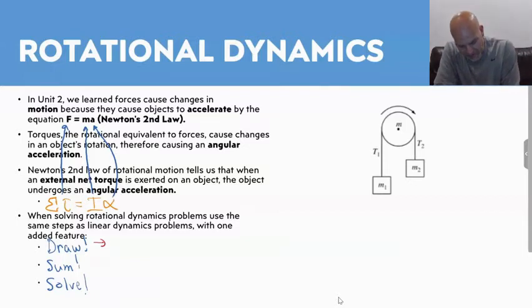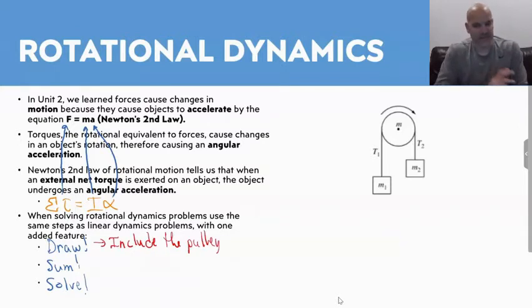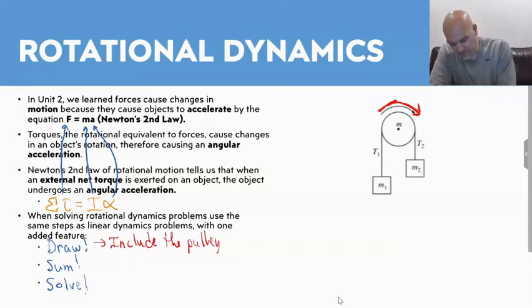So in these problems, you are going to now have to probably include the pulley. So you can see I've got a little diagram here of an Atwood machine. This indicates that we have rotation, so this would be a rotational dynamics problem. So if we do our draw step, something you see is for the hanging blocks, they're going to be the same.